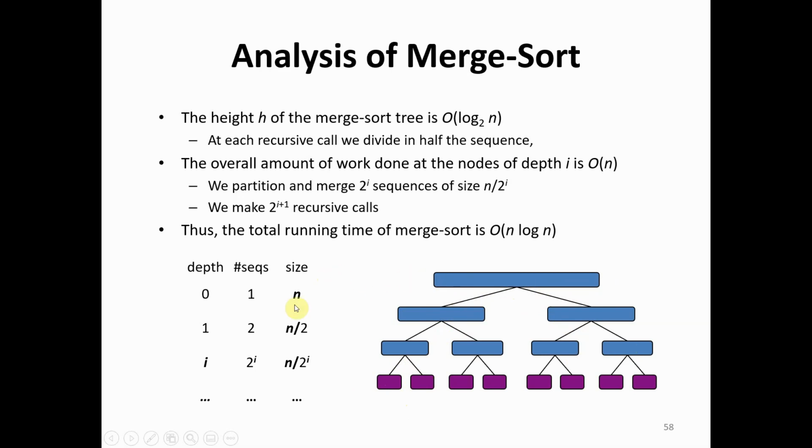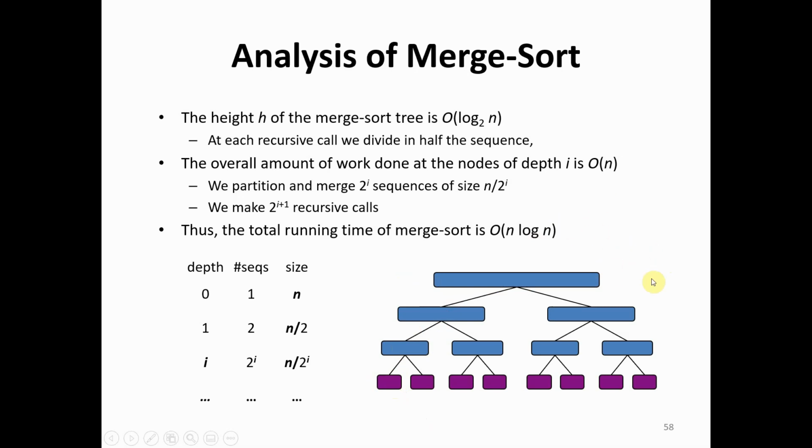So how many of these steps do we have? We have log n base 2 of these steps, because basically if you think of this as 1 multiplied by 2 multiplied by 2 multiplied by 2, 2 raised to power x is going to become n.